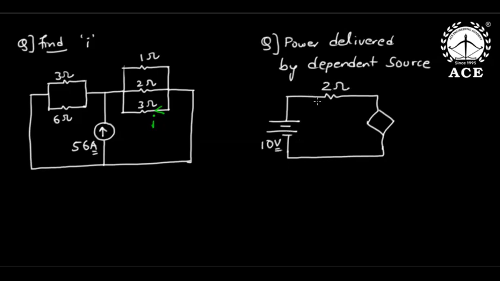Do these bits in 1 minute only. First question, find current I. Second question, find the power delivered by the dependent source. Everybody, 1 minute only. Let us do a lot of problems today, but only 1 minute each time. All our first IES, Genco, such bits. GATE bits also I will do, but simple bits, so it should not take more than 30 seconds. Find current I and power delivered by the dependent source.